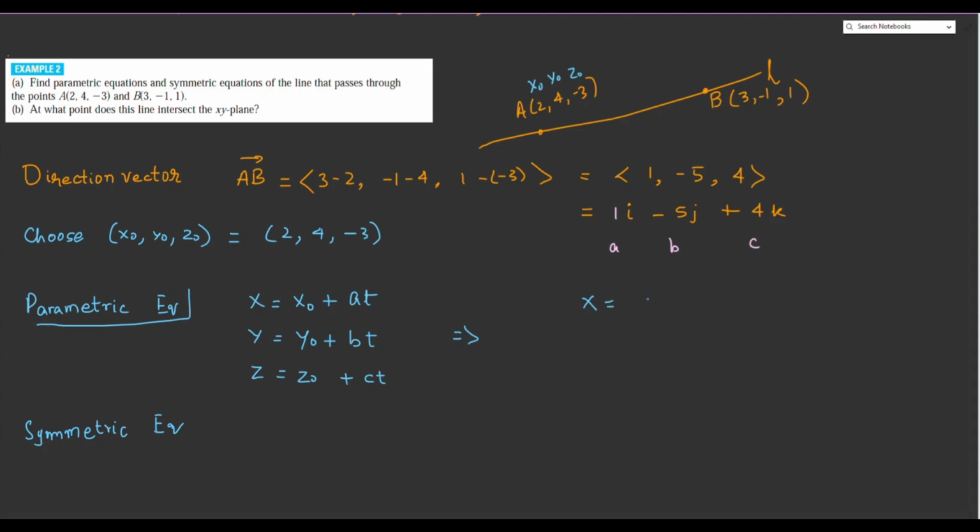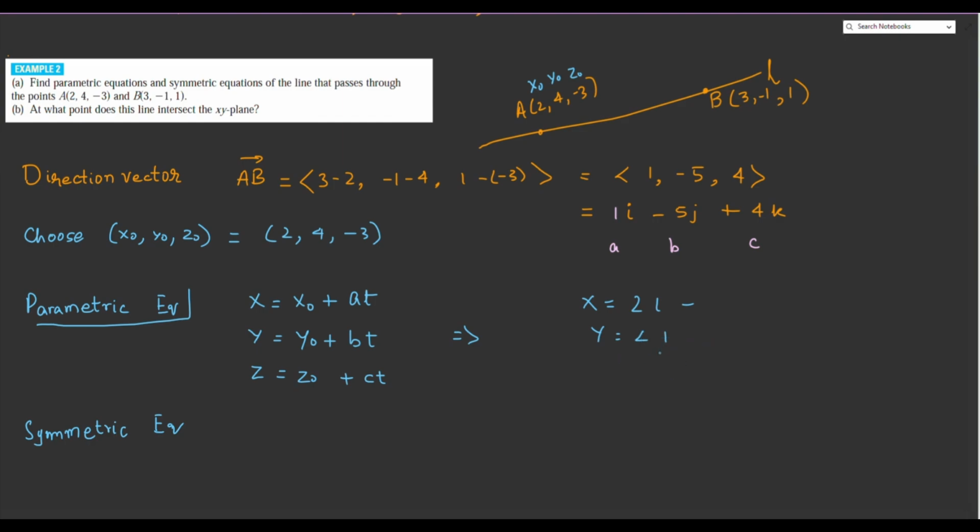So x0 equals 2, a equals 1. Then you will get x equals 2 plus t, and y equals 4 minus 5t, and z will be equal to this thing.